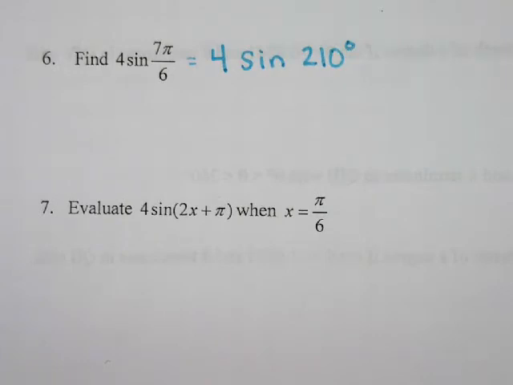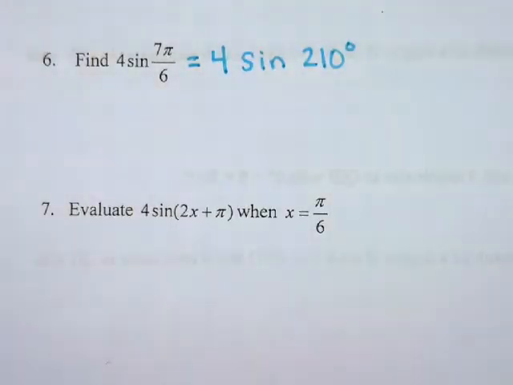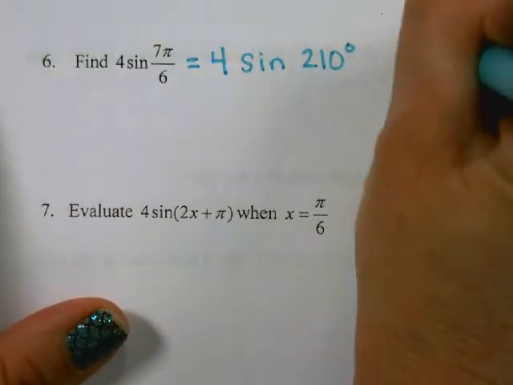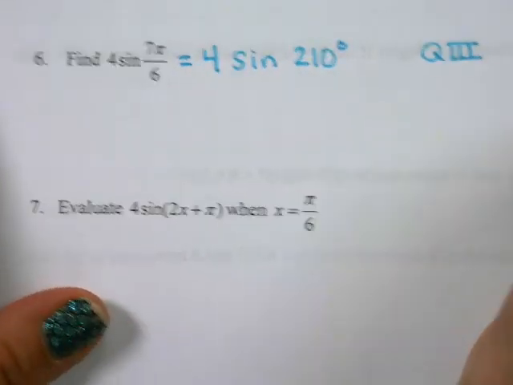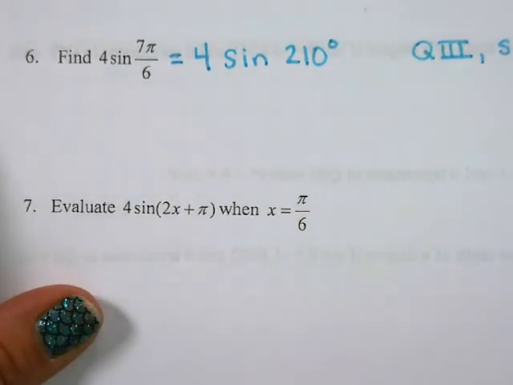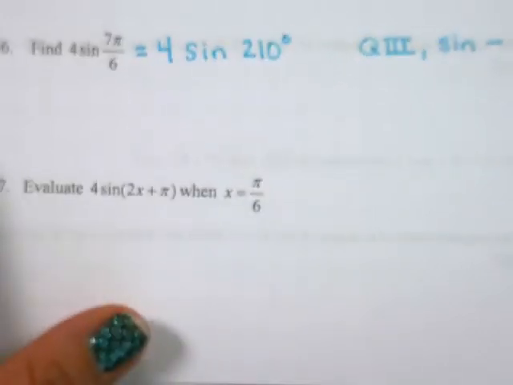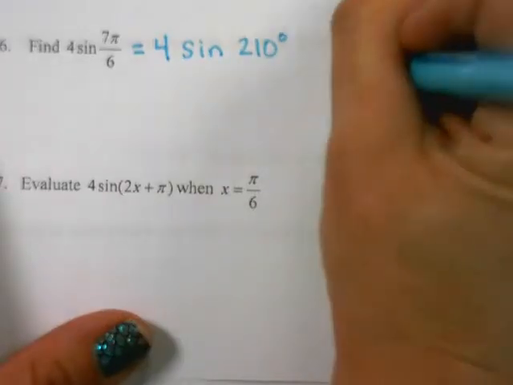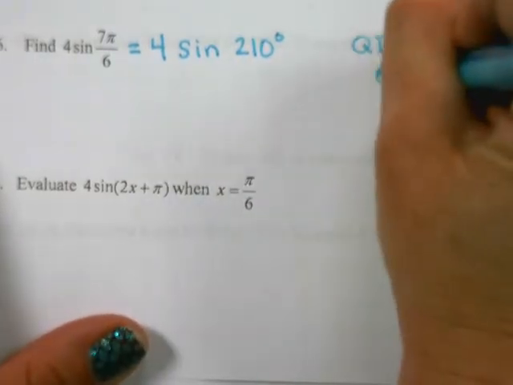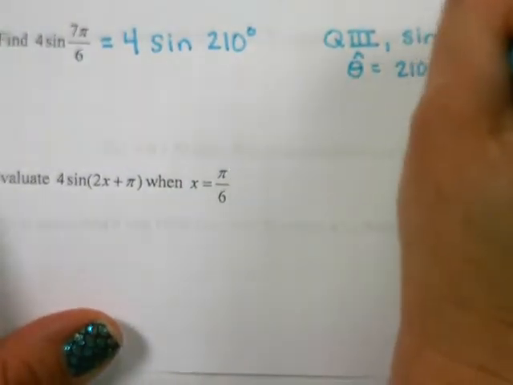What quadrant am I in? 3. I'm in quadrant 3. Okay, so in quadrant 3, sine is negative. And what's my reference angle? 210 minus 180, 30 degrees.